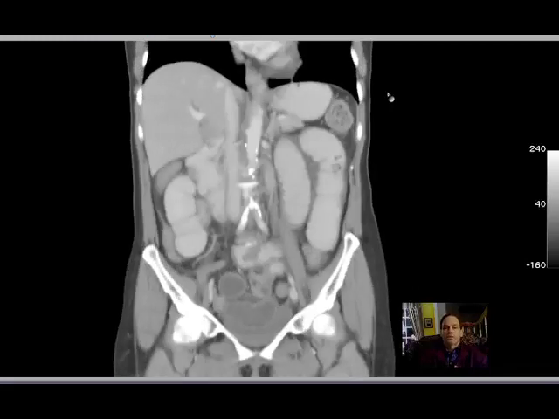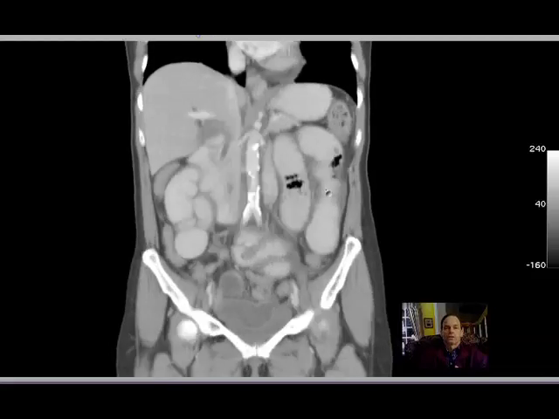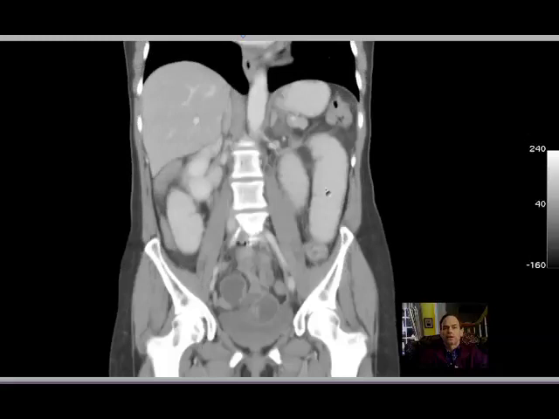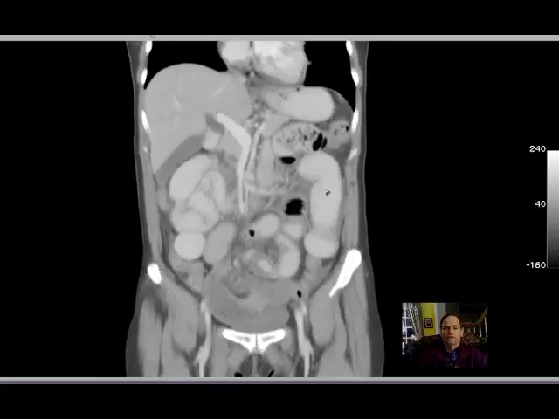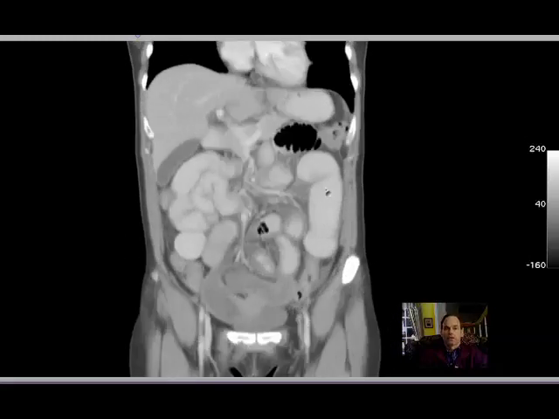One of the most important findings in identifying small bowel obstruction is not just dilated small bowel, but reduced caliber distal small bowel and reduced caliber colon. The reason is that the bowel reacts to an obstruction by trying to clear it, by increasing overall peristalsis, and that occurs not only proximal to the obstruction but also distal.